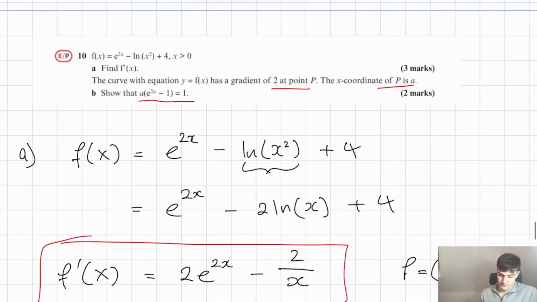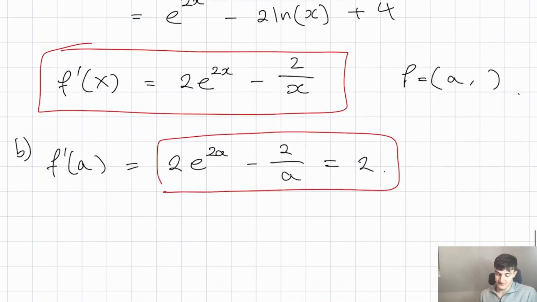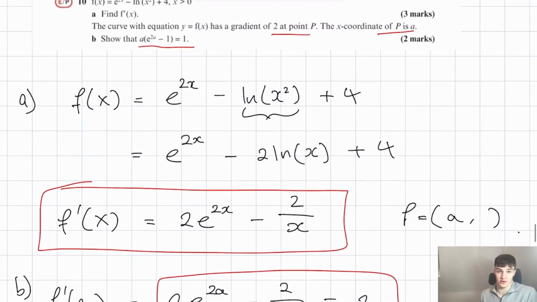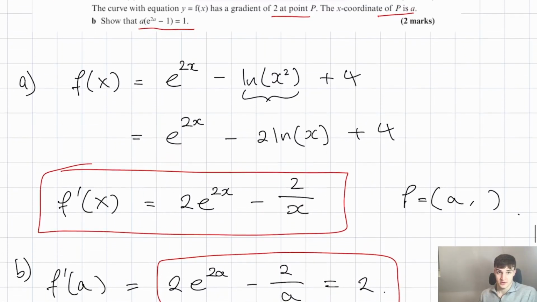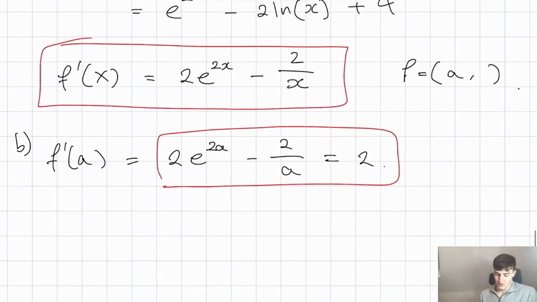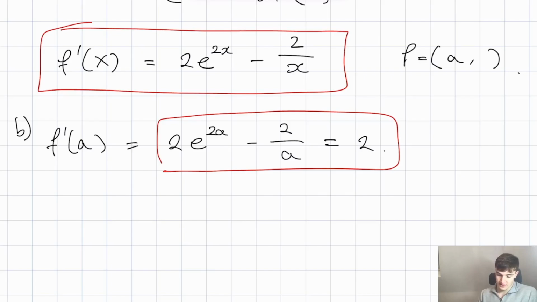Now, it's asking us to show an equation in terms of a, which is exactly what we have here. It just doesn't quite look like what they want at the moment. So we need to make it look like a times (e to the 2a minus 1). It's clearly not very helpful having the a down here, so I'm going to multiply everything by a.